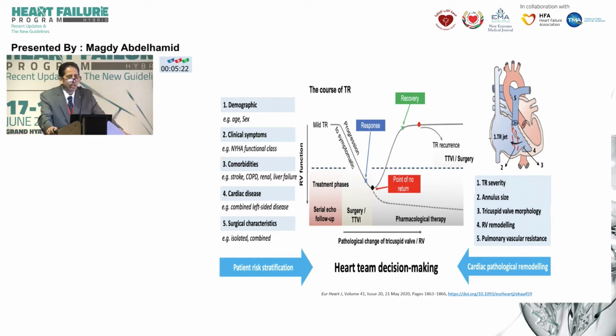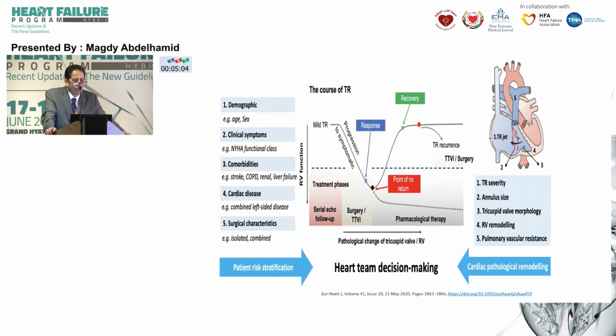So the heart team decision making is very important, and patient risk stratification should be done, including demographics like age, gender, clinical symptoms, NYHA functional class, and comorbidities which are common in those patients, such as liver dysfunction, renal dysfunction, COPD and stroke.